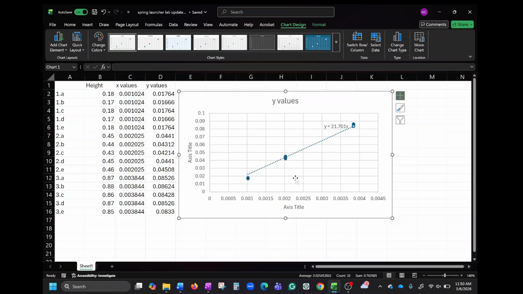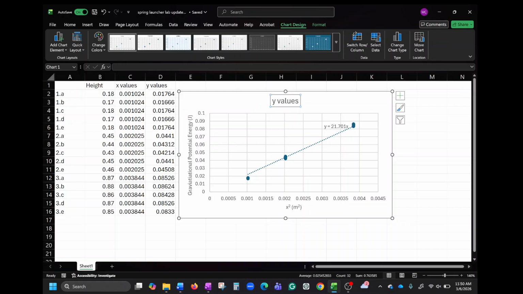We're going to want to label our axes. So the axis title here is going to be, so the horizontal data points were x squared, which is in units of meters squared. And then this one is gravitational potential energy in joules.